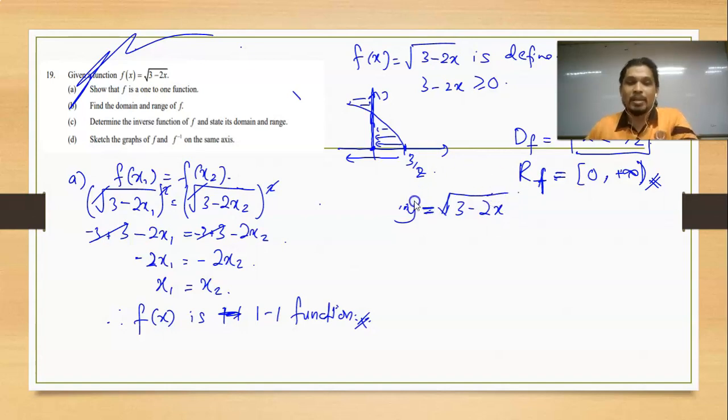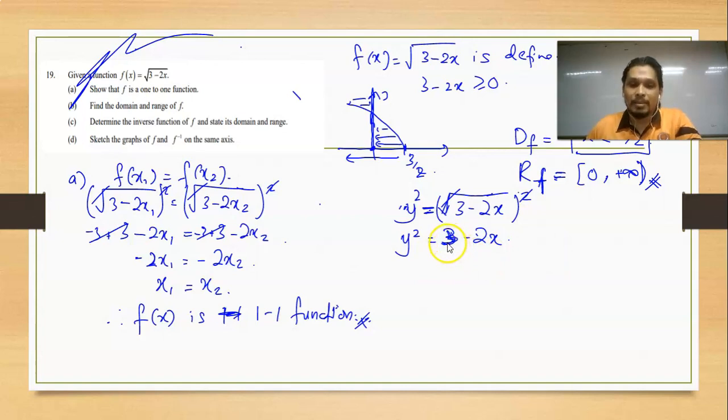So then we square left and right. Then y squared equal to 3 minus 2x.